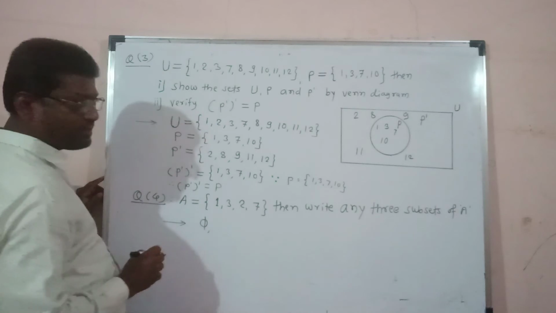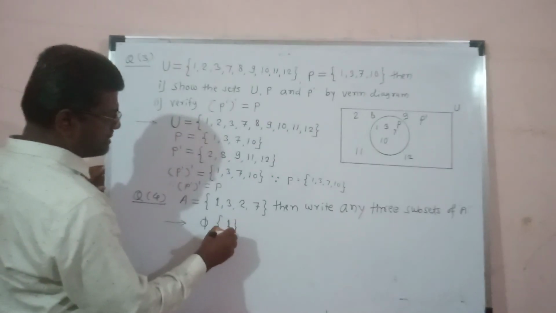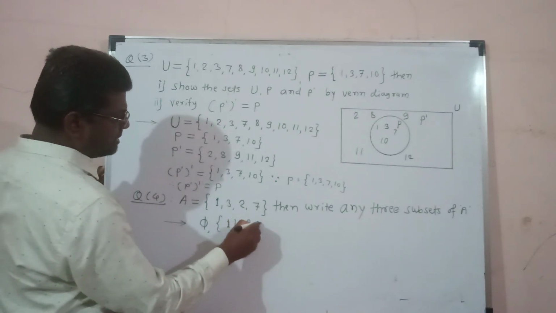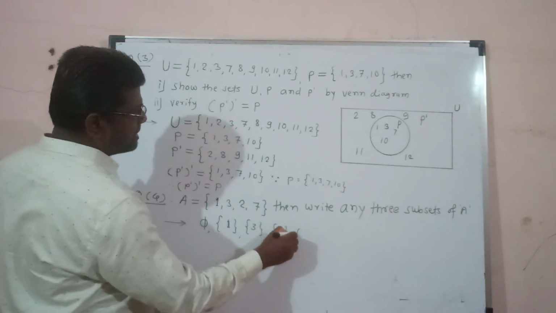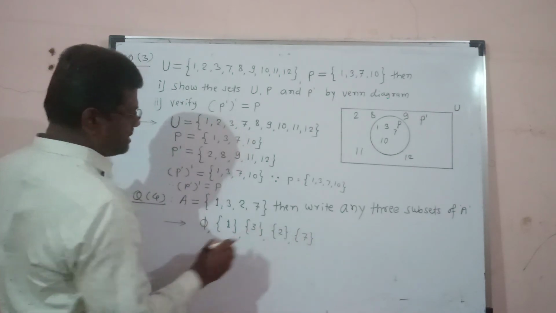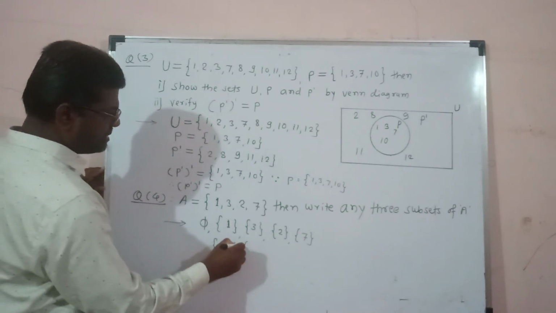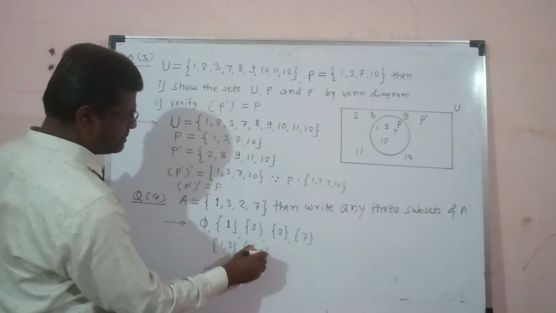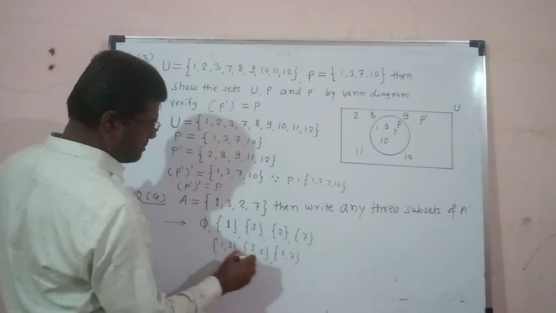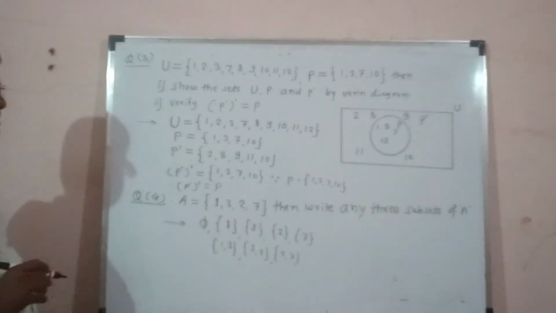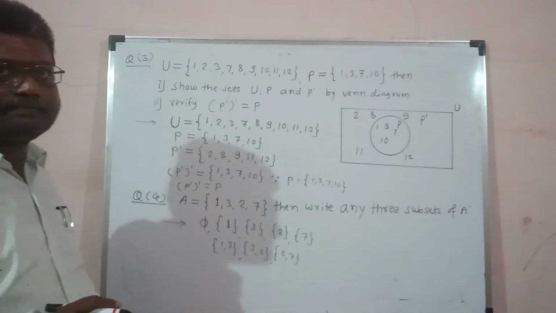Therefore, empty set is a subset of A. Then subsets with one element: {1}, {3}, {2}, {7}. Then we can take two elements: {1, 3}, {3, 2}, {2, 7}. In this way, we have written some of the subsets of set A here.